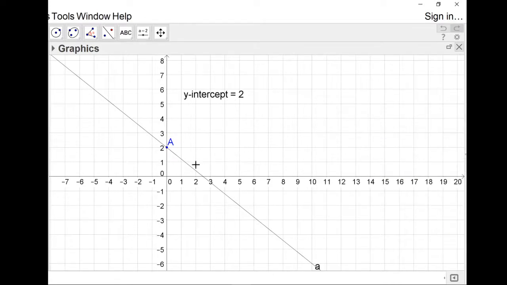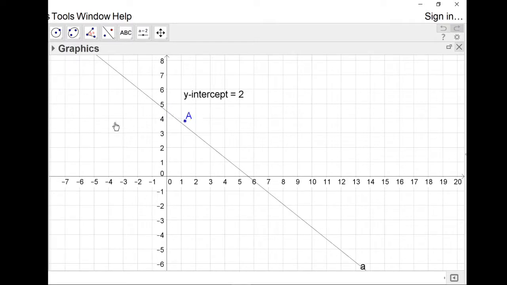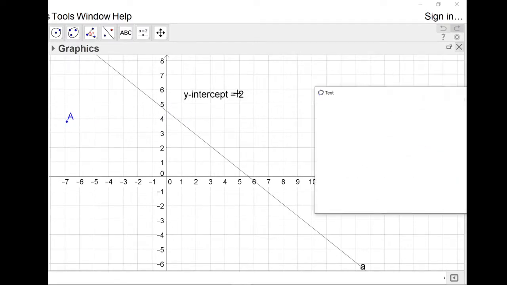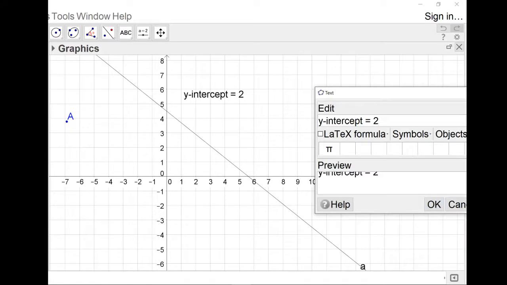I'll do one more. So I'm going to change the y-intercept again. What's the y-intercept this time? Well, once again we go up. Where do we hit? Well, we hit in between 4 and 5. So if I'm having a look at the graph, I'm going to say that the y-intercept is 4.5.